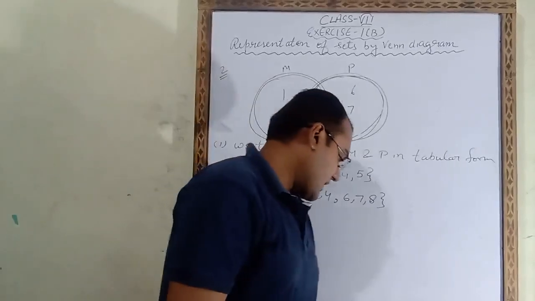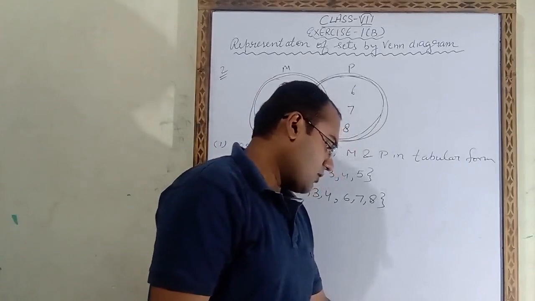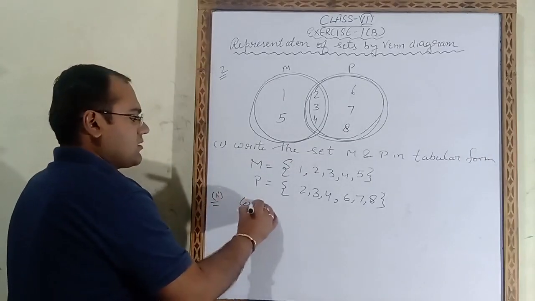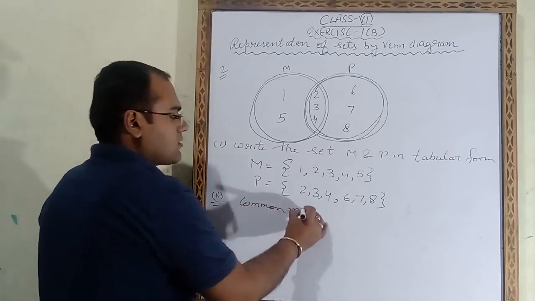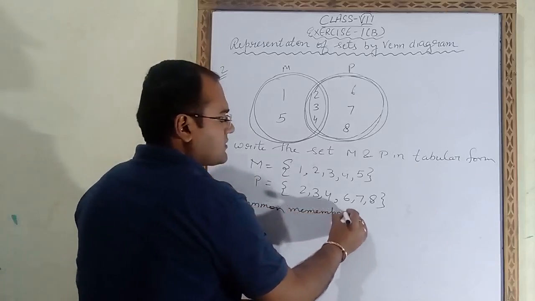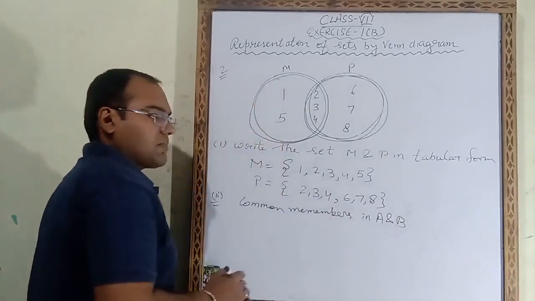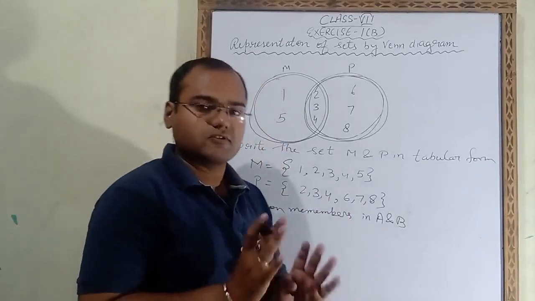Now second part is write the member common to A and B. Second part is we have to write common members in A and B. So which members are common, those members we have to write.